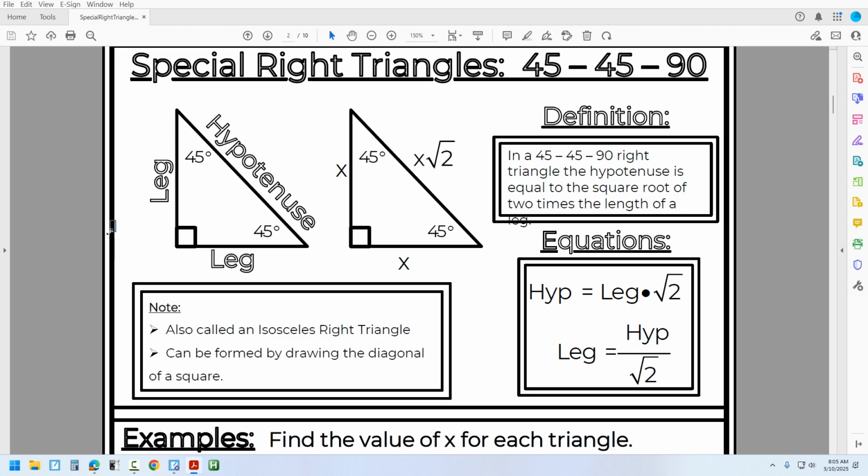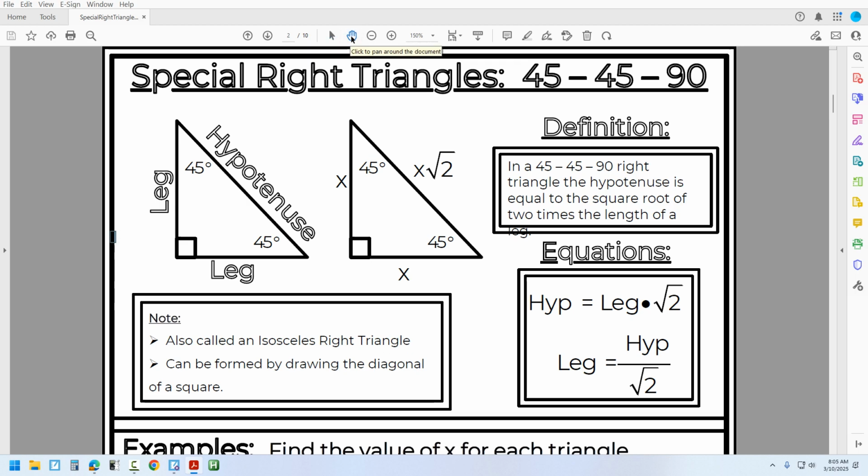In a 45-45-90 triangle, and also in a 30-60-90 when we study that one, the longest side is the hypotenuse. Where you have a blank line on yours, fill in hypotenuse. And the two shorter sides are the legs. That's the same in the 30-60-90: the shorter sides are the legs, and the long side is the hypotenuse.